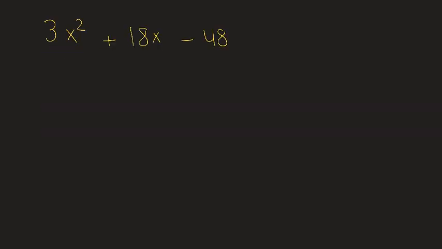All right, here's your next question. Factor this polynomial and notice something. I hope you notice something. I hope you notice that you could take out a 3, get x squared plus 6x minus 16.